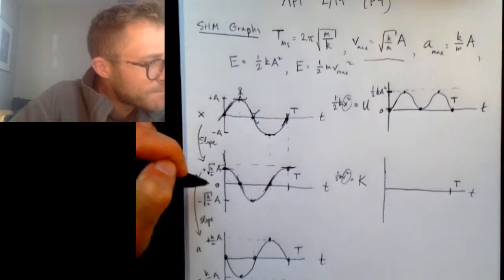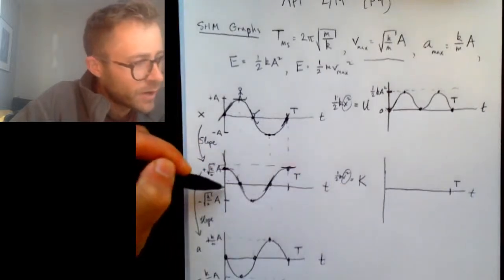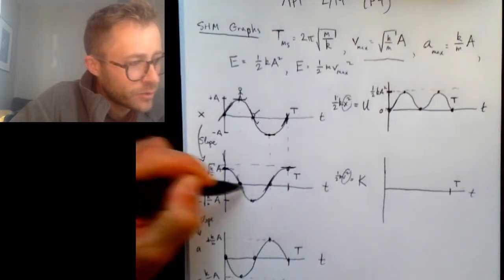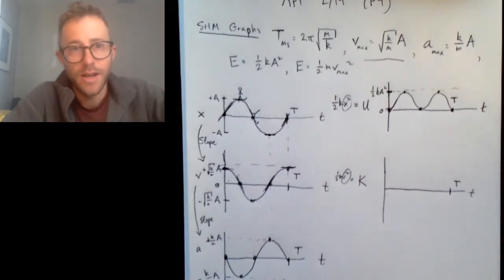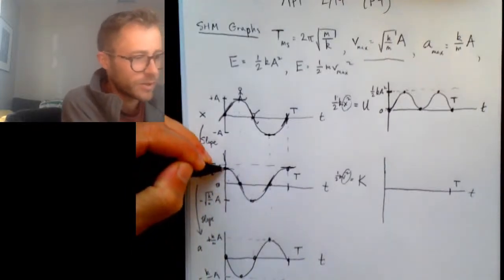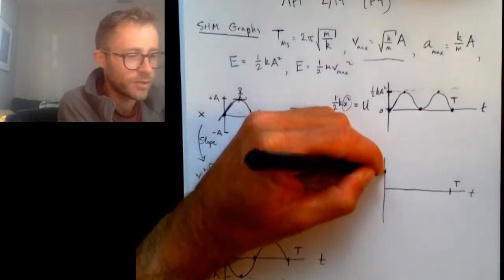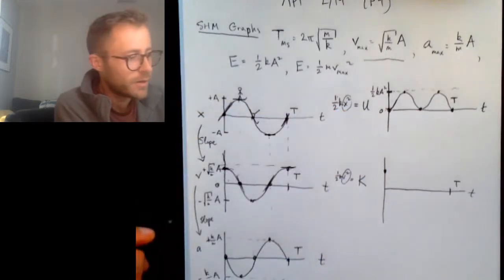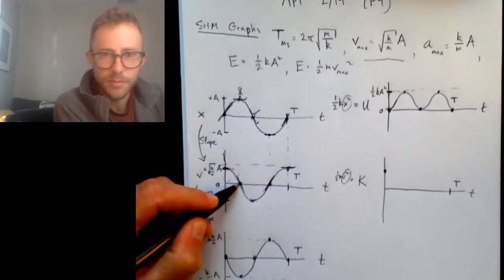So we have to square the velocity graph. So I'm going to go to these 5 points, and I'm going to use the fact that 0 squared is 0, a positive number squared is a positive number, a negative number squared is a positive number. So here I have a positive number squared, which is still a positive number. Here I have 0 squared, which is 0.